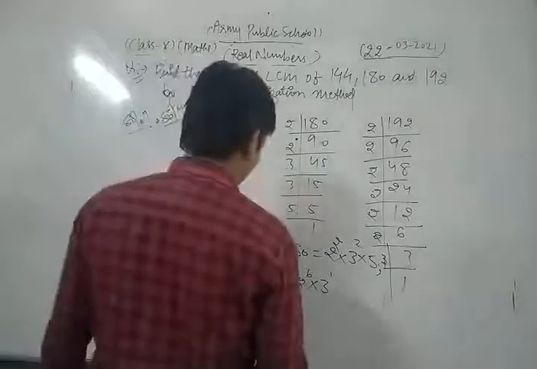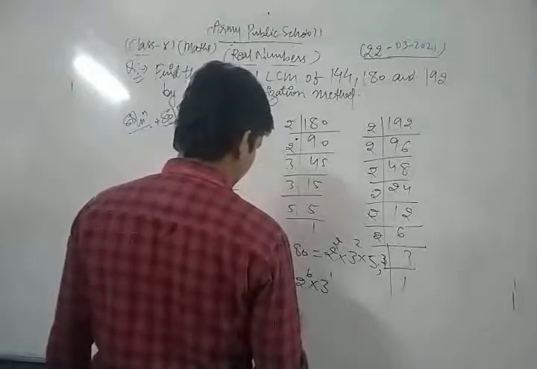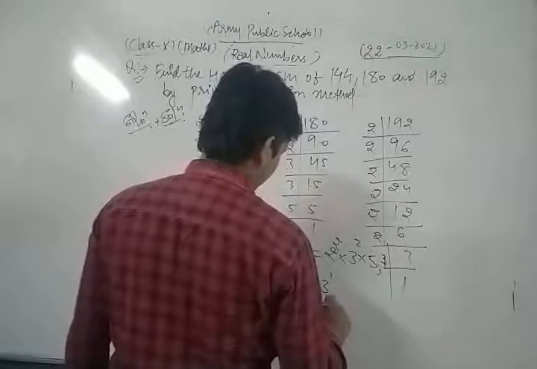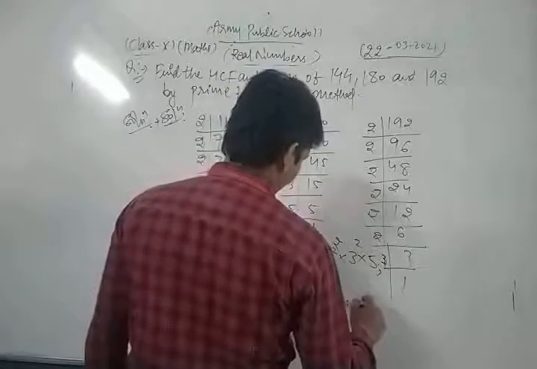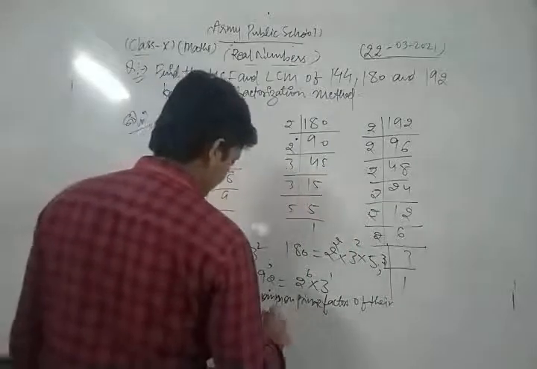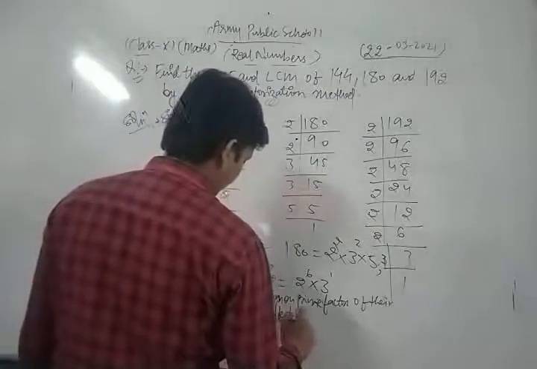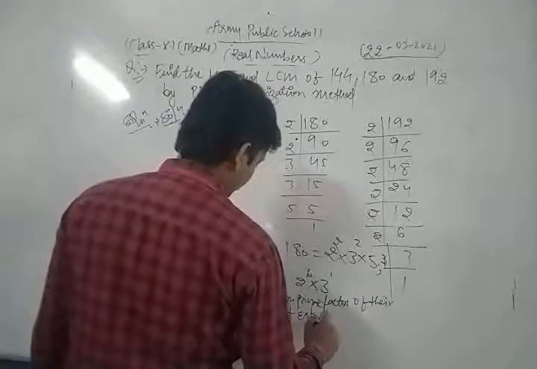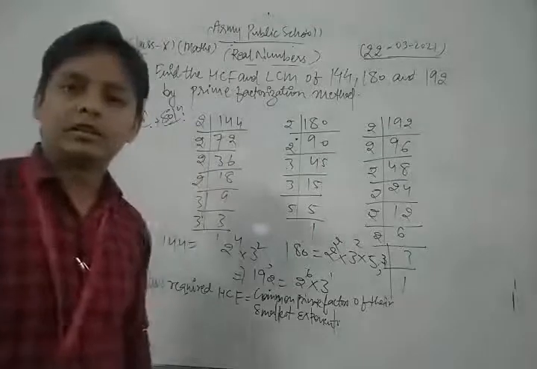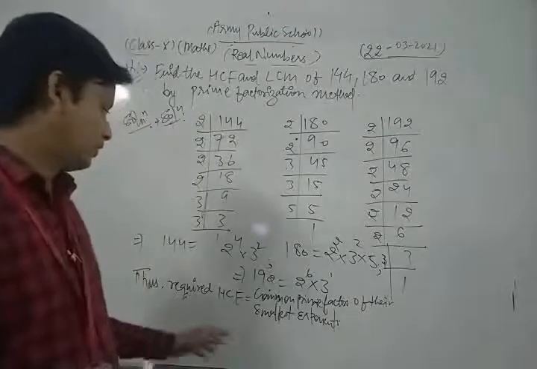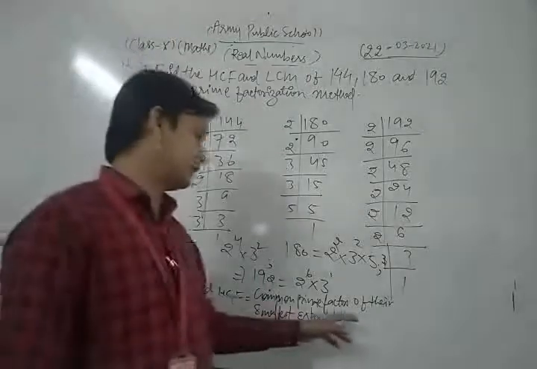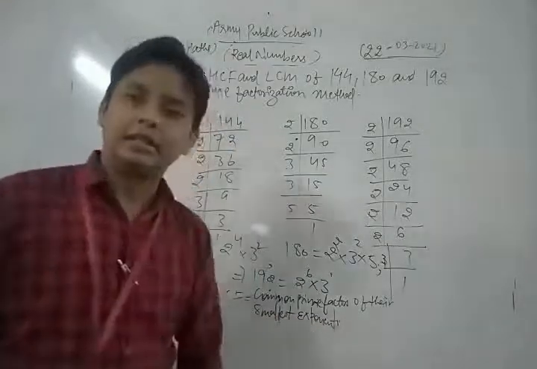This is the concept to find the HCF of these numbers: the common prime factors of their smallest exponent.